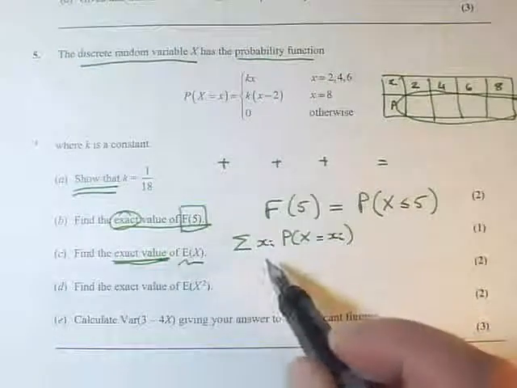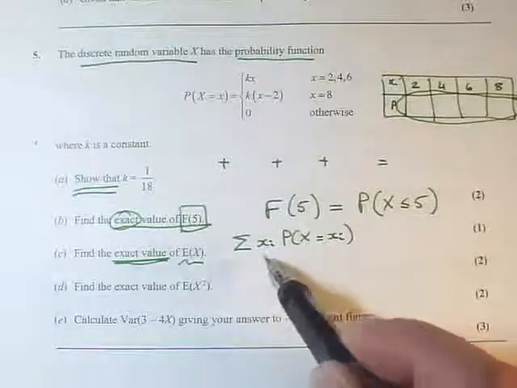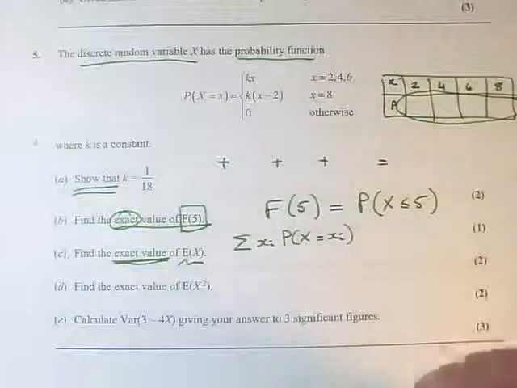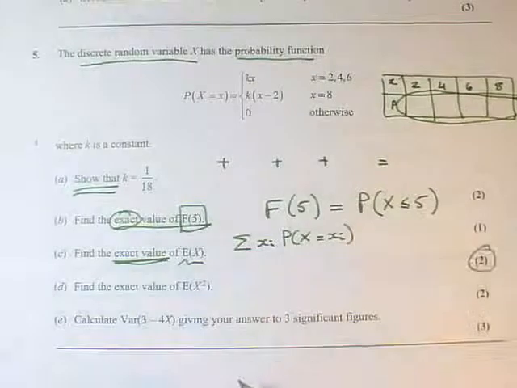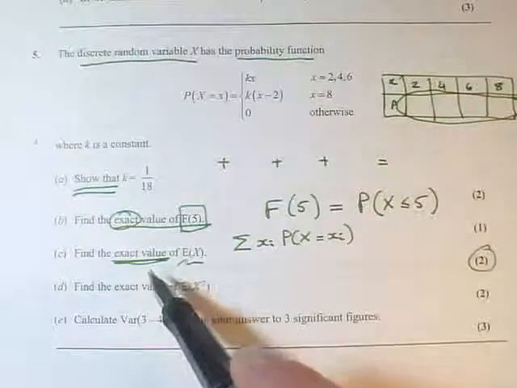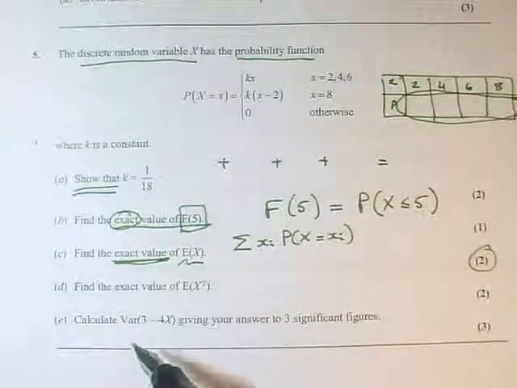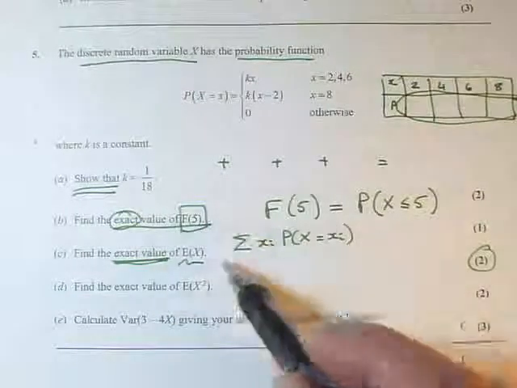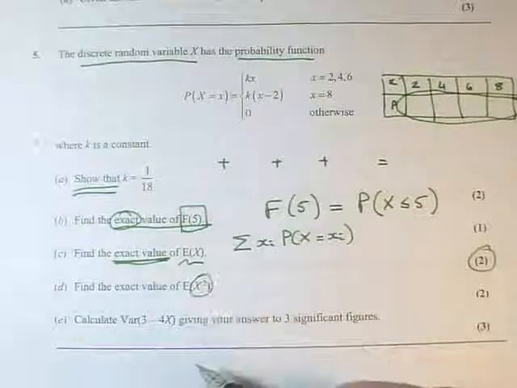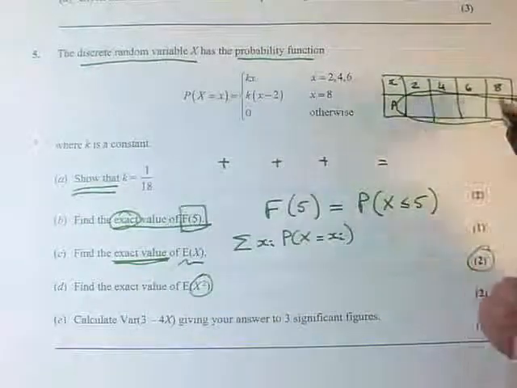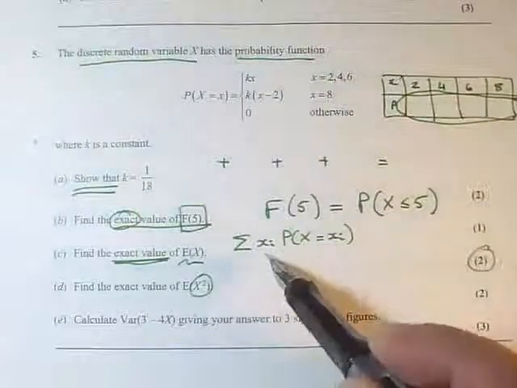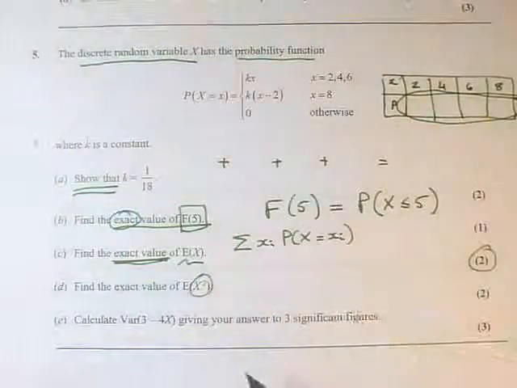You can use this cumbersome form if you like, but basically we're just taking the values of x times their probabilities and adding them up. That's the easiest 2 marks you'll ever see, but don't give a rounded decimal as the answer, give it as a fraction. And then the exact value of the expectation of x squared means that you do exactly the same as this, except because it's the expectation of x squared, you square all the x values. So you do the x value squared times its probability and add all of them up.